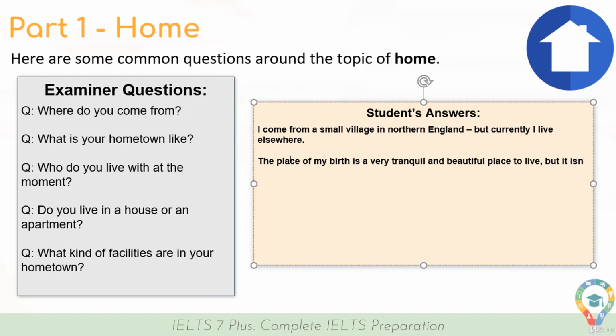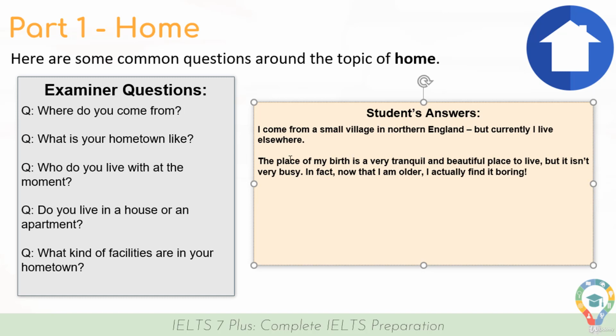It isn't very busy. In fact, now that I am older, I actually find it boring. Okay. So the place of my birth is a very tranquil, calm, peaceful and beautiful place to live, but it isn't very busy. In fact, now that I am older, I actually find it boring.